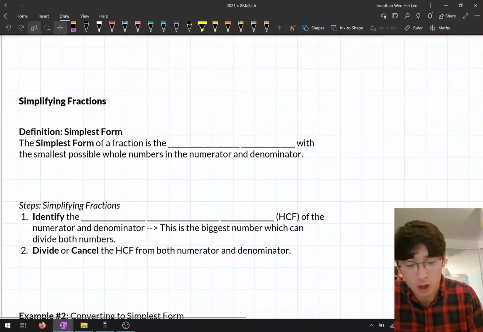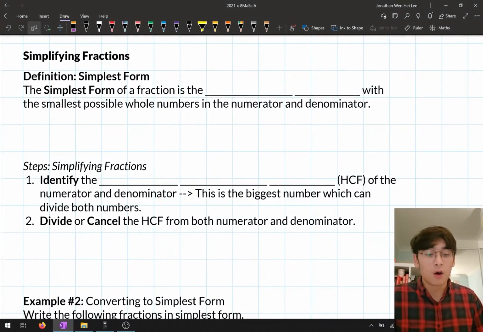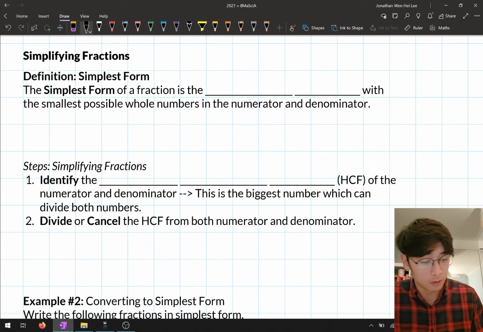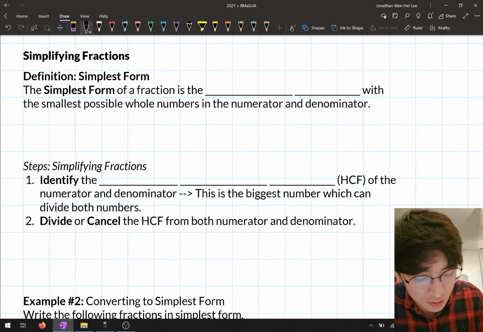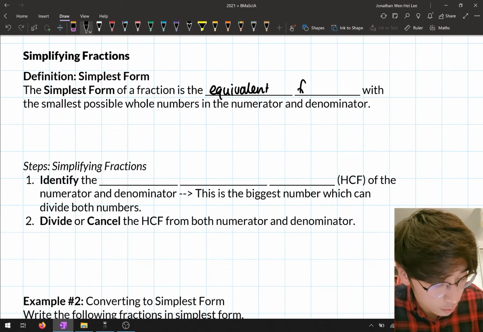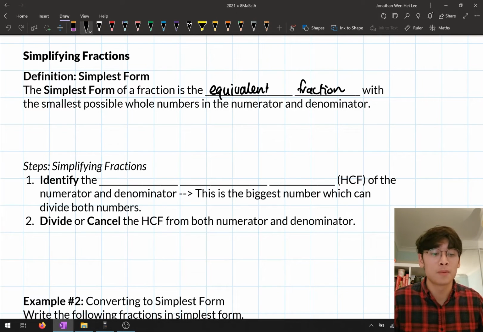So simplifying fractions, I have a definition here. The simplest form of a fraction is the, what's it called? Let me get my notes out, equivalent fraction. I knew this. Equivalent fraction with the smallest possible whole numbers in the numerator and the denominator.